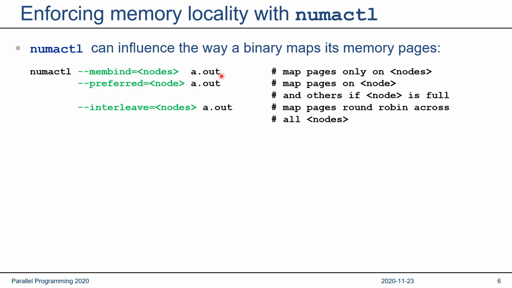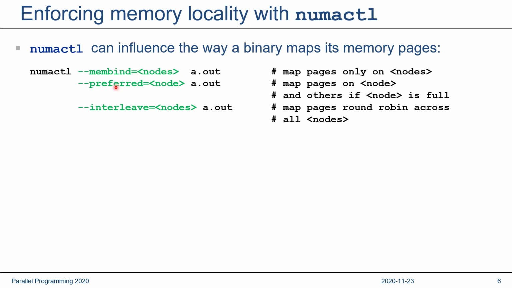If there's not enough space in these NUMA domains and you force it with membind, then the program will run out of memory and will crash. You can prevent that by specifying, instead of membind, just preferred. Preferred means the system will try to use the specified NUMA domains for memory placement, but if there's not enough space available, it will use other domains.